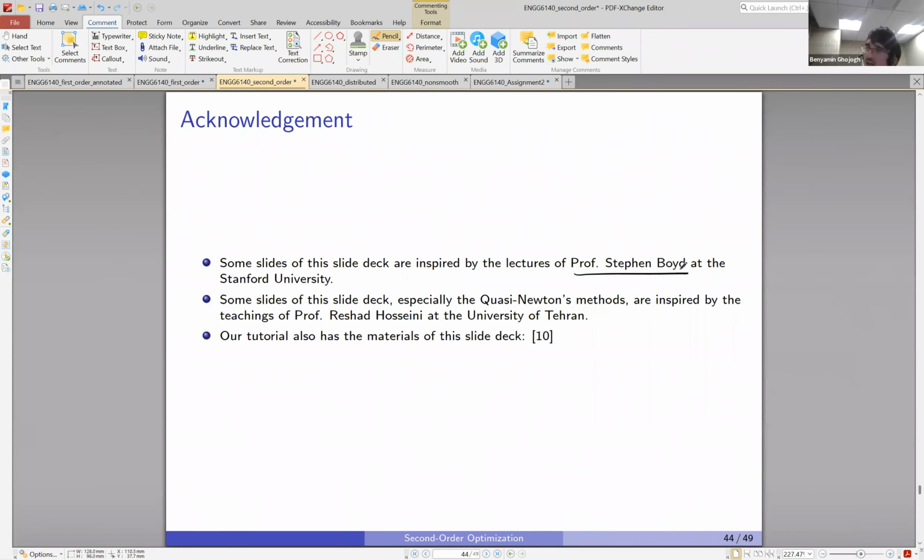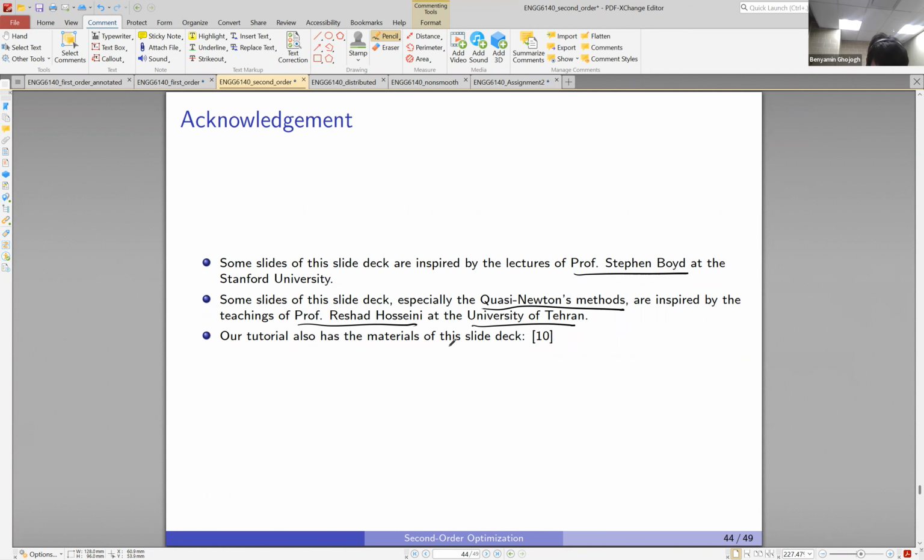As far as I remember, most of them were in the Optimization 1 course at Stanford. But maybe, I don't remember, conjugate gradient may have been in Optimization 2. Some slides of this slide deck, especially the quasi-Newton methods, are inspired by the teachings of Professor Reshad Hosseini at the University of Tehran, which I mentioned.